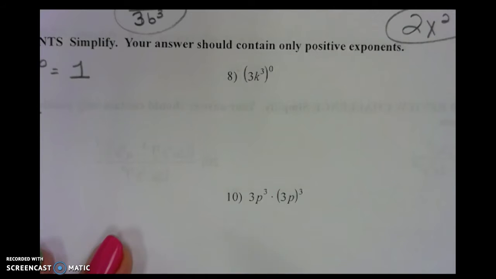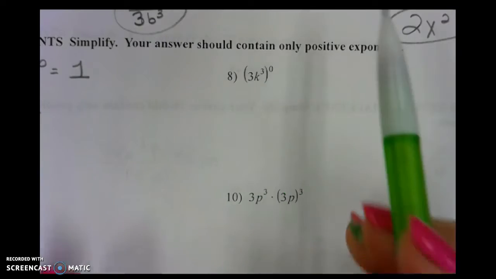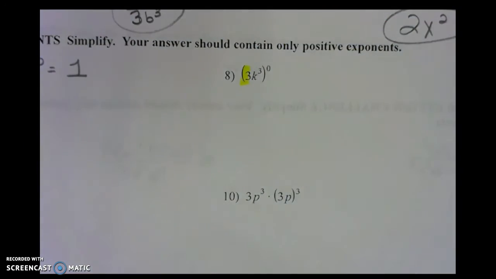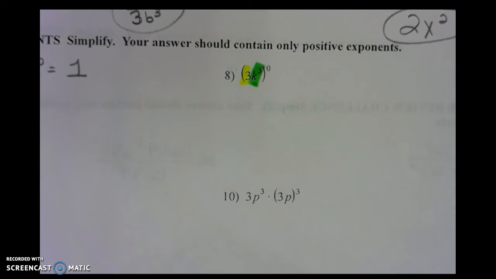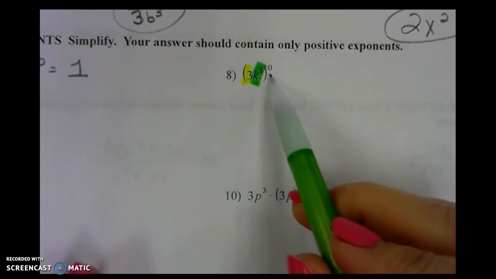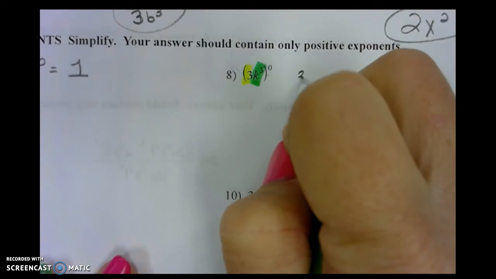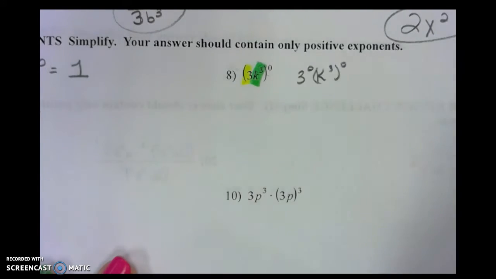On number 8, we have that product power rule where we have multiple bases. We've got 3 and k to the third. Both of those are going to receive a copy of this 0 exponent. Now you can distribute that and you could say 3 to the 0, k to the third to the 0, and you could solve it that way.